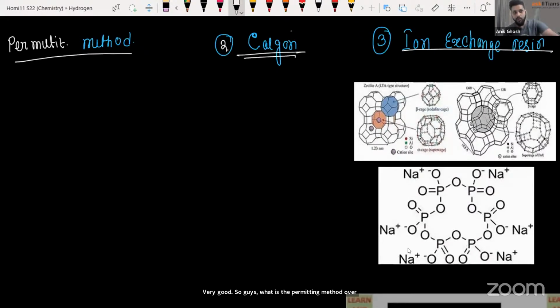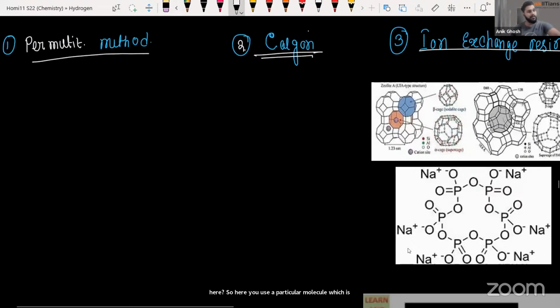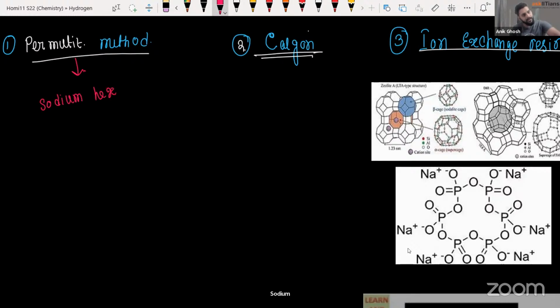So here you use a particular molecule which is called sodium hexametaphosphate. Okay, just wait for a second.